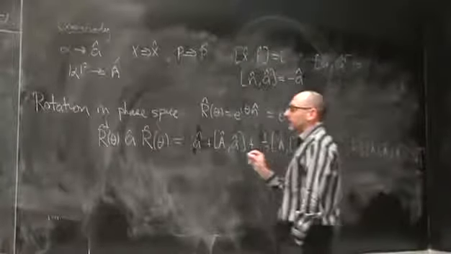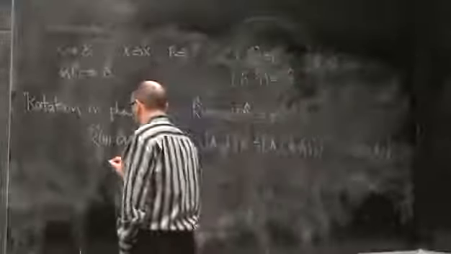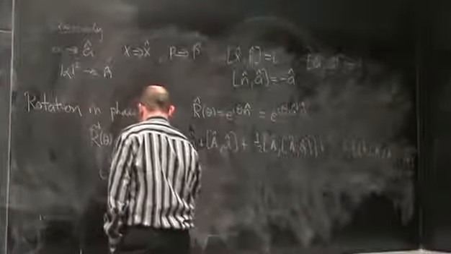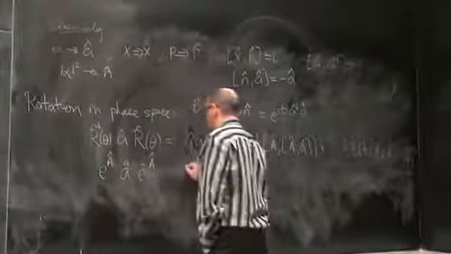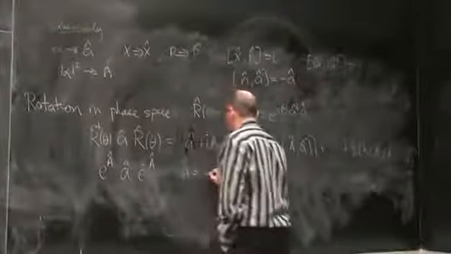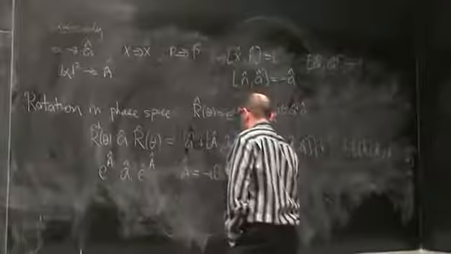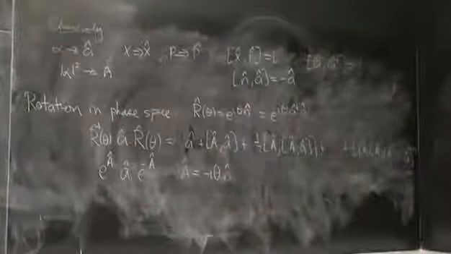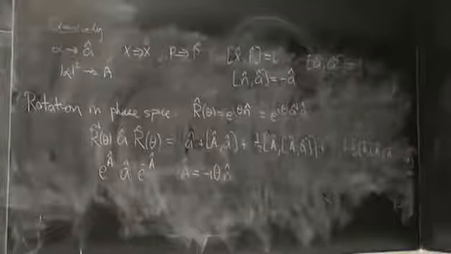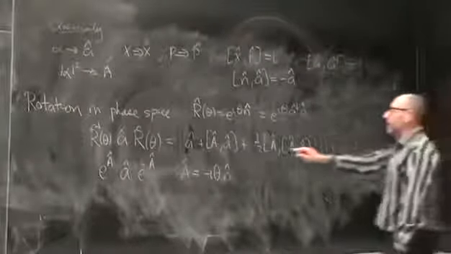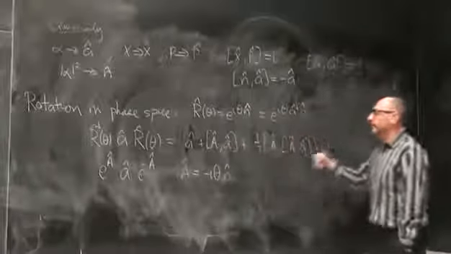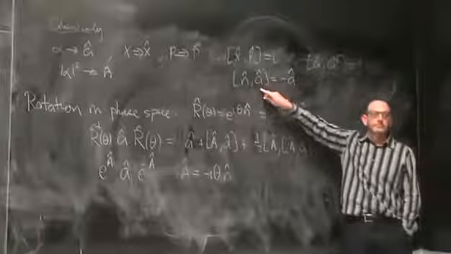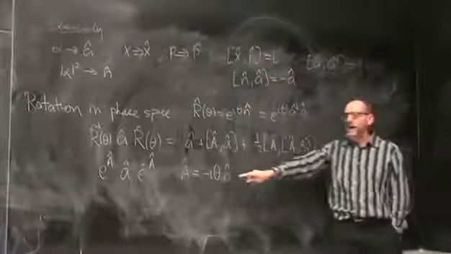So here, where I've written this as e to the A, e to the minus A, in our case A is minus i theta n hat. So when you do that multiple commutator, of course, every time you commute, you get back the annihilation operator, and then you have n powers of theta.